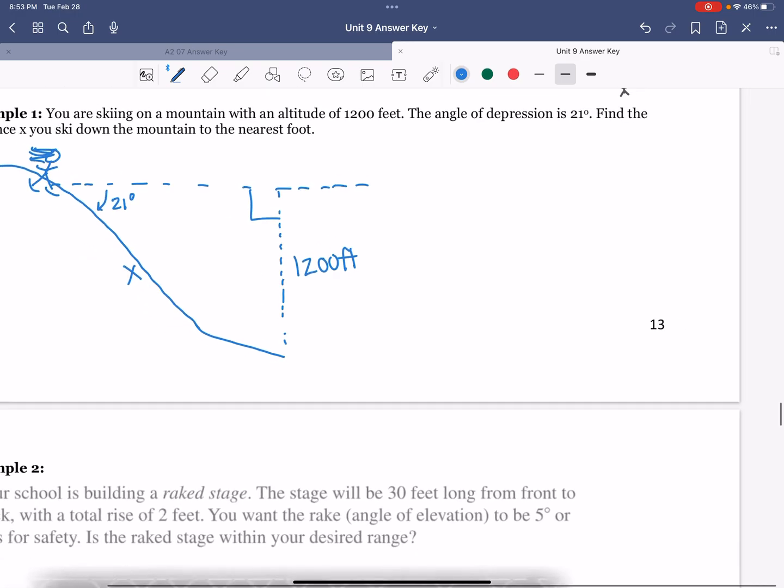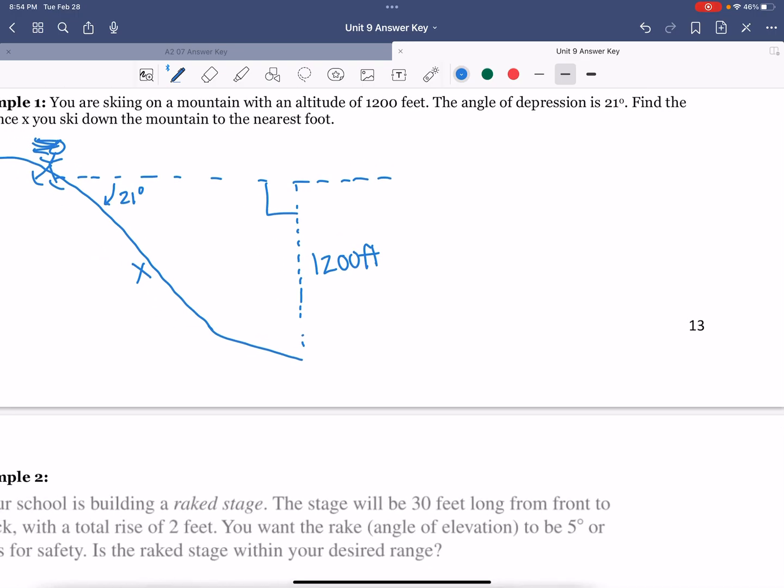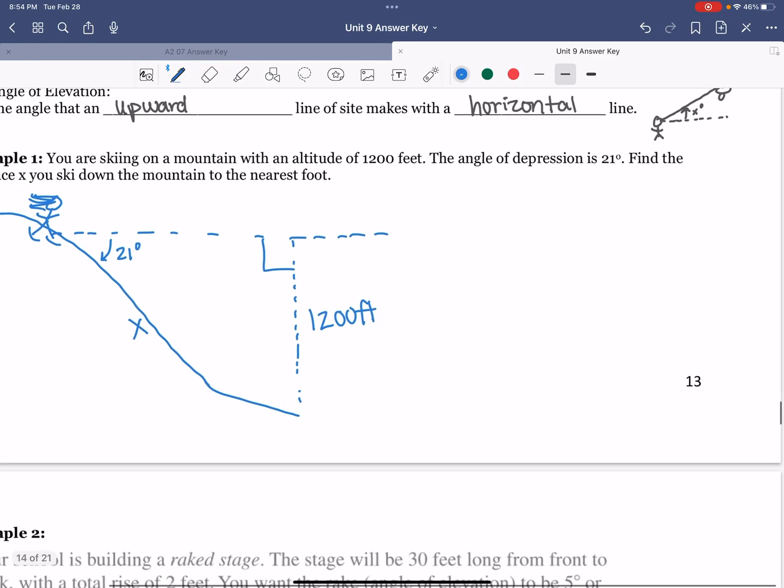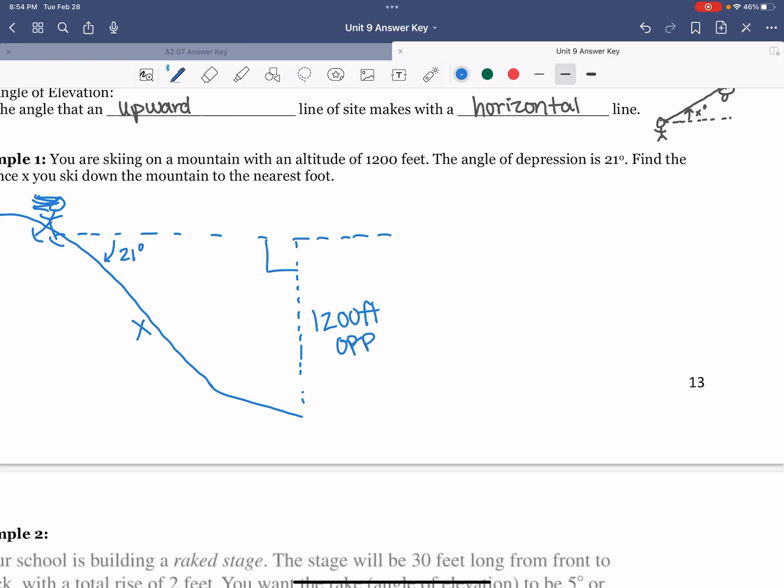And I can go ahead and use everything we've been doing so far and actually find our missing side. So I want to figure out how long this mountain is. So I'm going to use opposite over hypotenuse, which is going to be my sine function. So I'm going to do sine of 21 degrees. And that's going to equal opposite, 1,200, over hypotenuse, which is x.